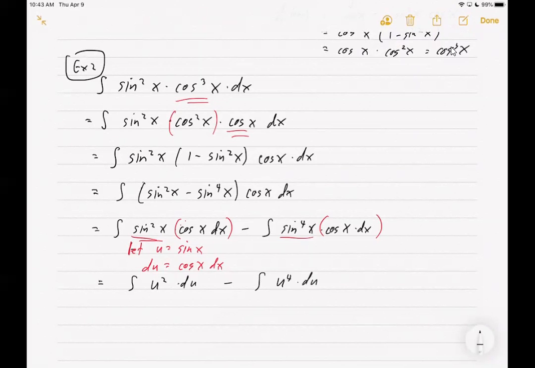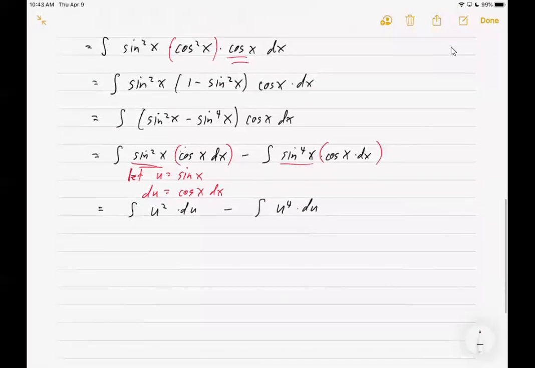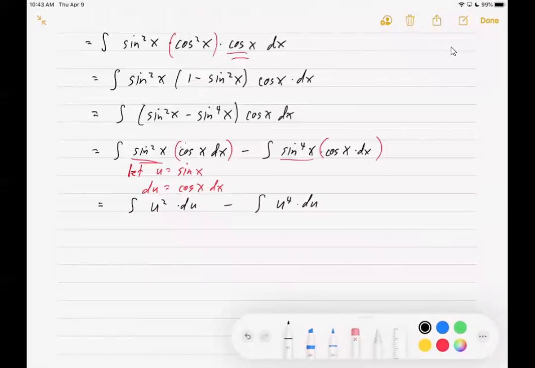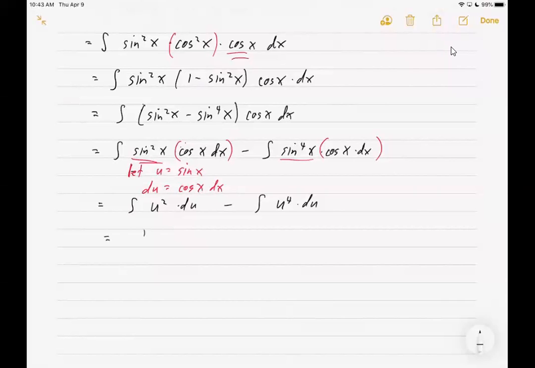If we had limits, now would be the time to convert them. This is unlike integration by parts where we just take the limits off and put them back in at the end. I would actually convert the limits here. Okay, so this becomes 1/3 u cubed, or u cubed over 3, minus 1/5 u to the 5th, or u to the 5th over 5, plus c.